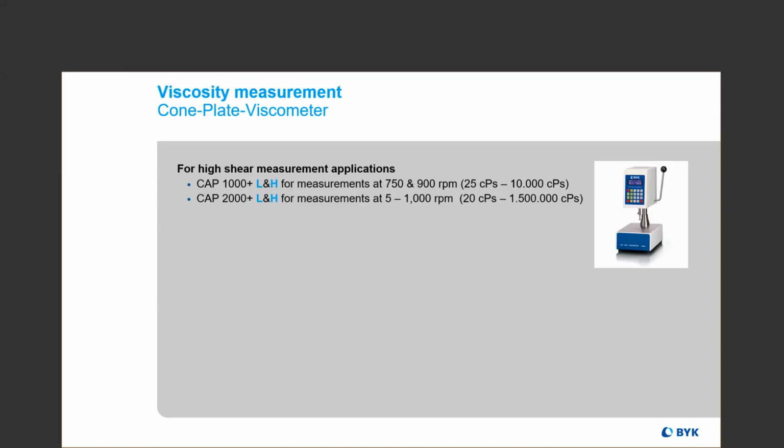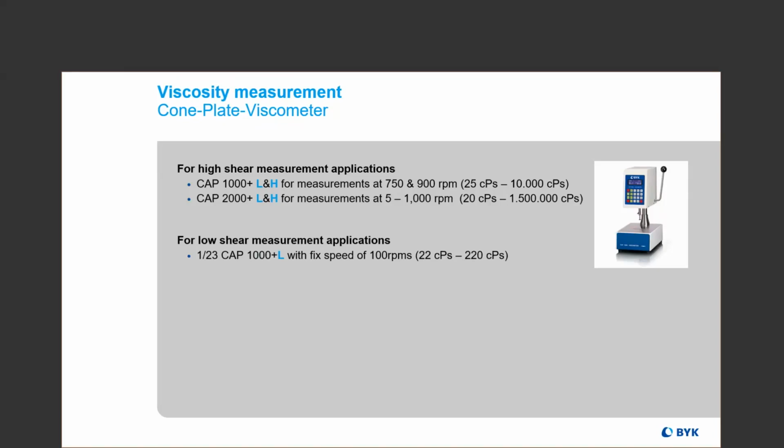And for low shear measurement applications, we have the 1/23rd CAP 1000. It's called 1/23rd because the torque spring is 1/23rd the force, or the coefficient of the spring is 1/23rd of the CAP 1000 and 2000.